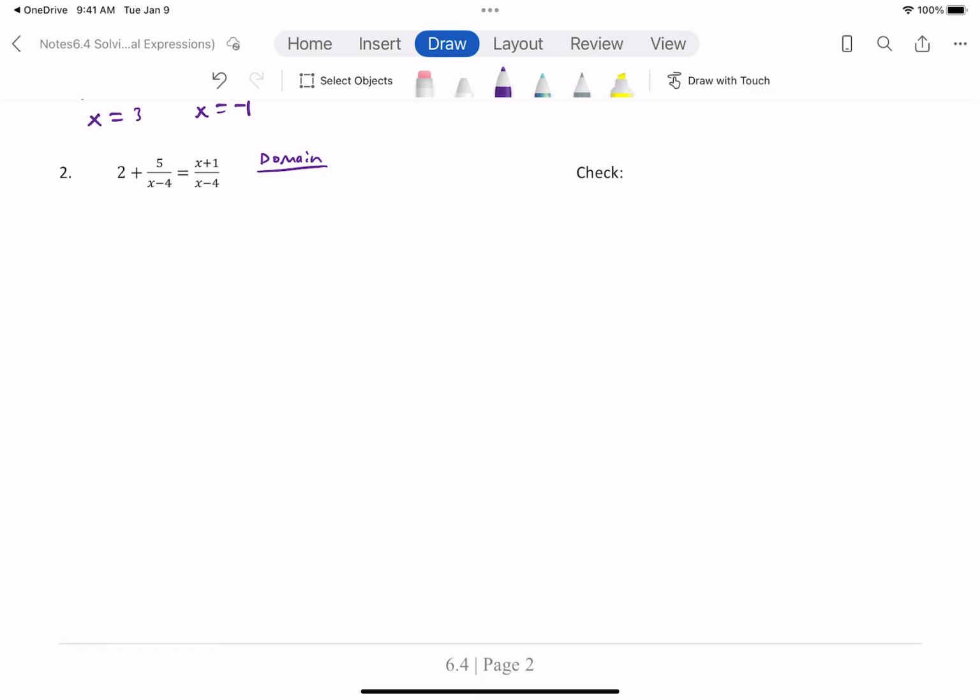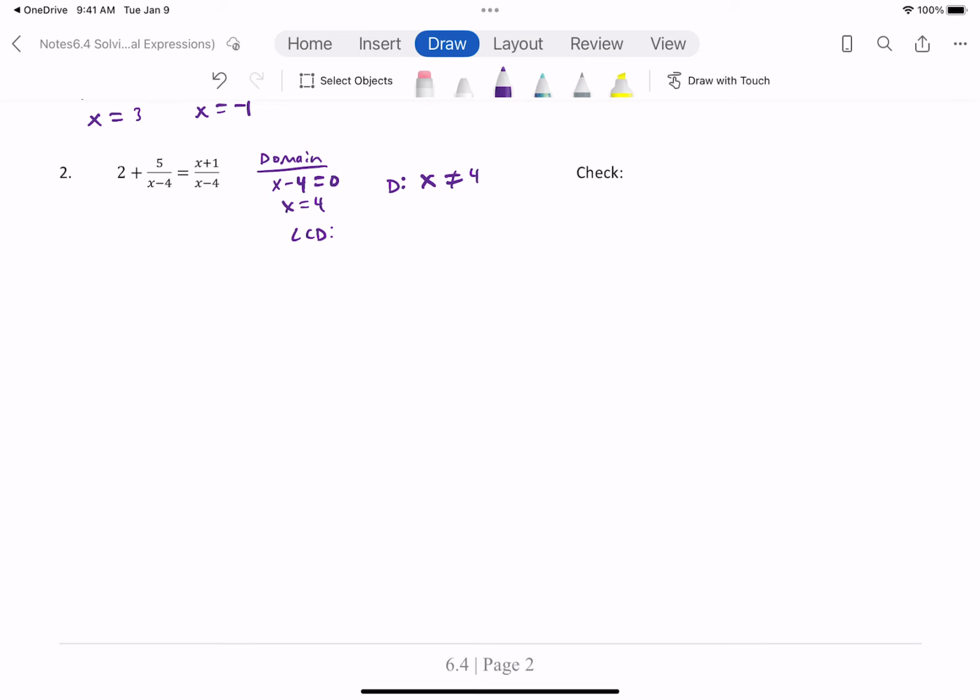One nice thing about this is I really only have one unique denominator. So I only need to be worried about x minus 4 equals 0. So if I solve that, I get x equal to 4. So my domain is x cannot be 4.